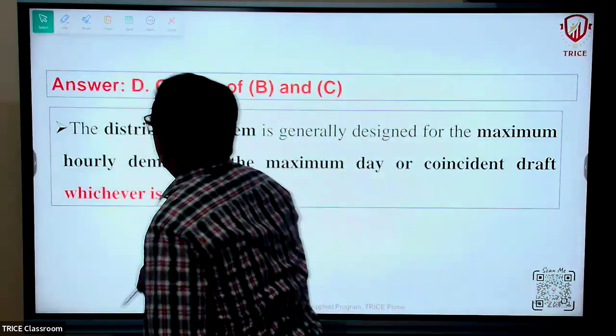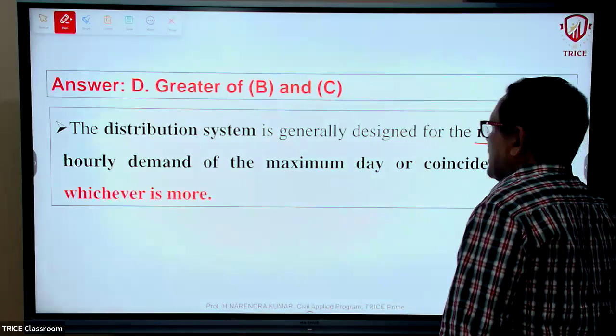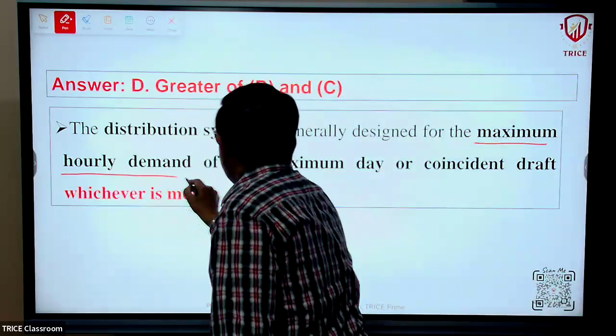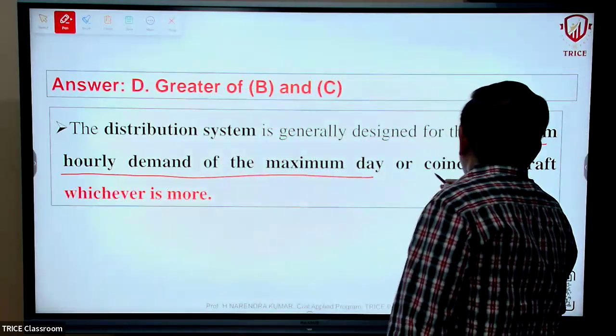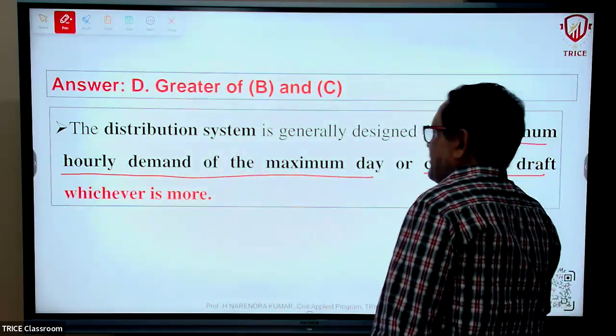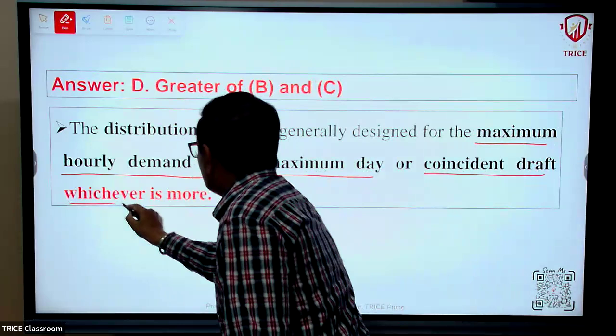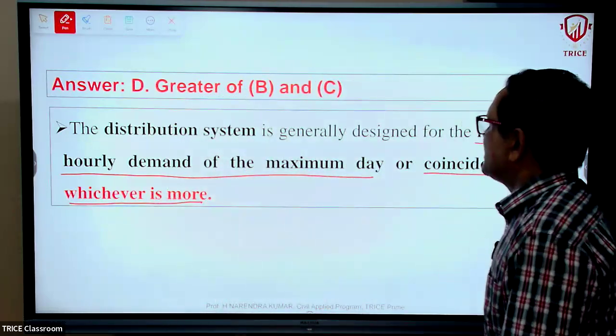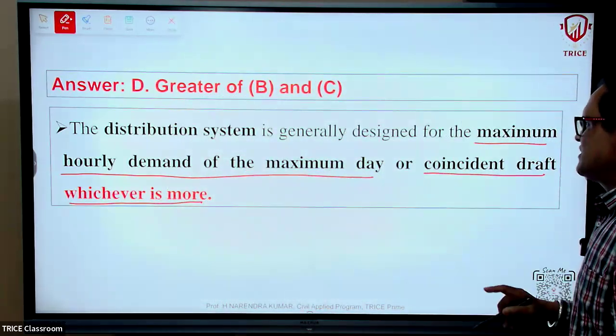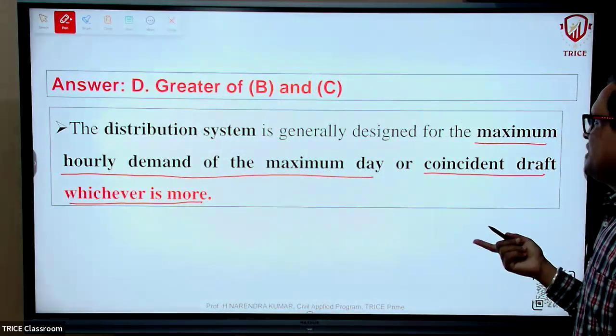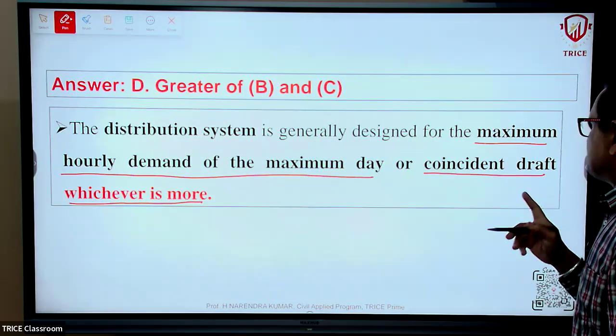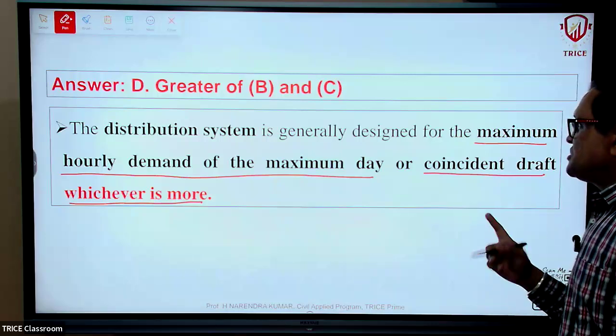Please read it properly: maximum hourly demand of the maximum day or coincident draft, whichever is more. So the answer is the greater of B and C. B is the maximum hourly demand of the maximum day. C is the coincident draft. Whichever is more.